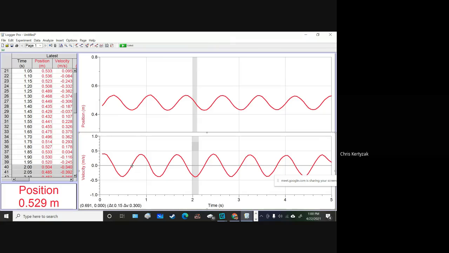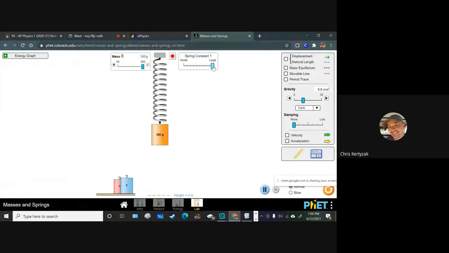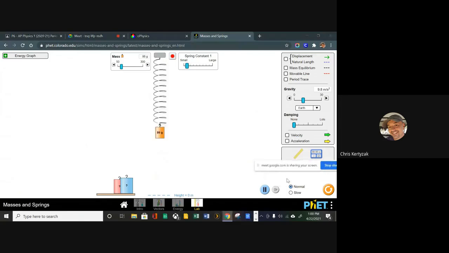On the other hand, we see that when it's passing through equilibrium, passing through the middle point, it's moving along quite well. We're not talking about the endpoints. Slow this down, it's too hard to look at.